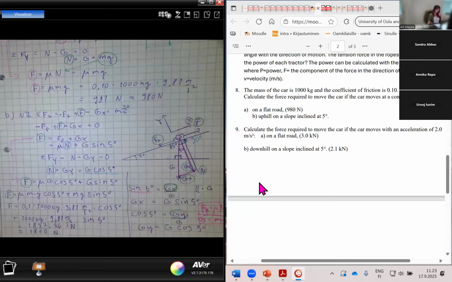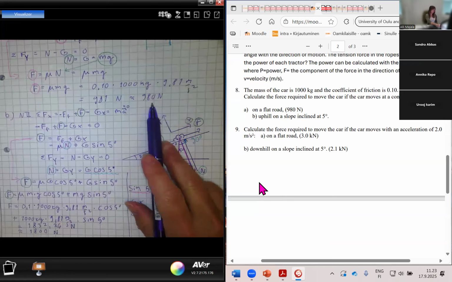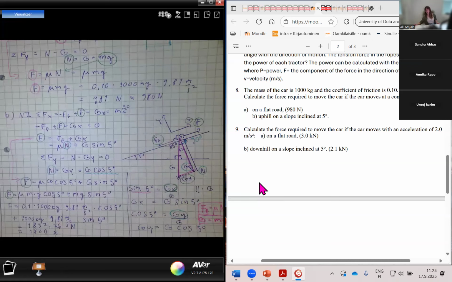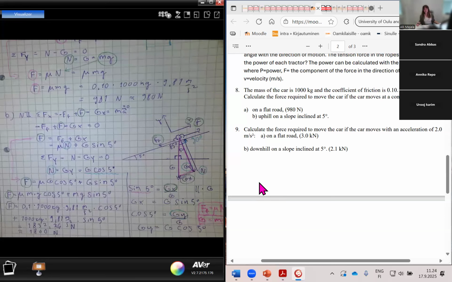If I compare it with driving horizontally, it's about half. Now when I went up even at a 5-degree angle, the engine force needs to be double.